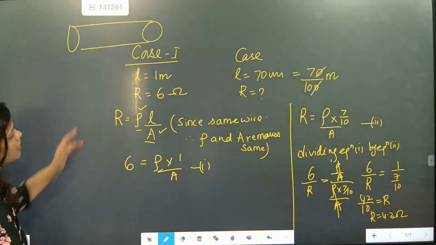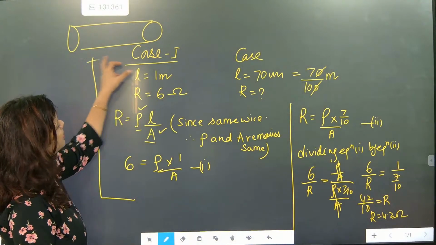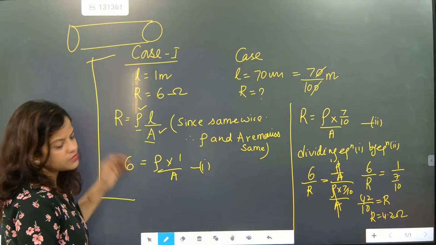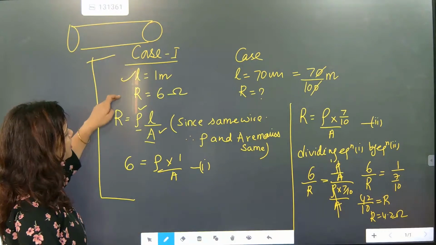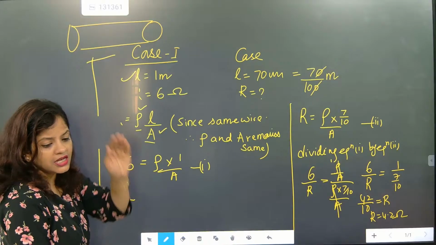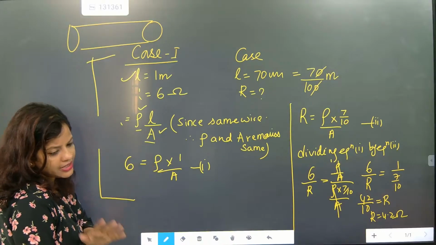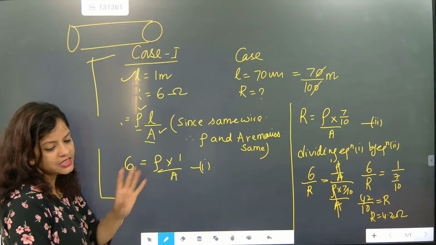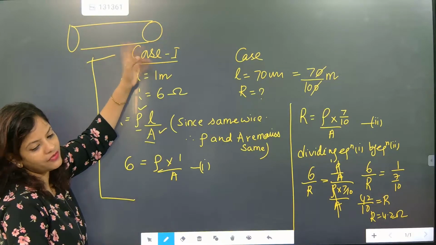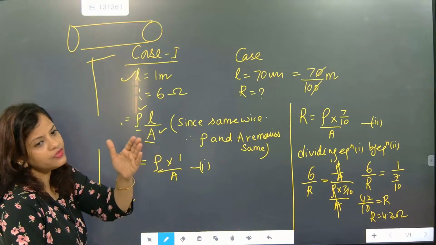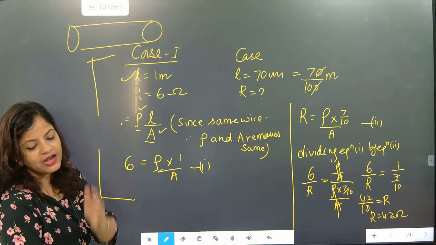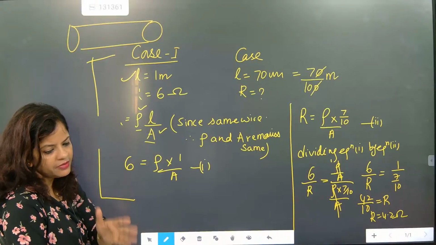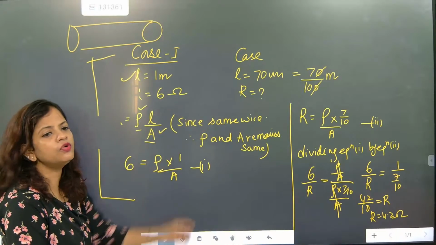Now let's check how I have solved. First I have taken case 1. In this case, we have taken length and resistance, because the length of the wire is changing and the resistance is changing, but the two things which will not change are the area of cross section, because it is the same wire, and rho. One time you have taken the wire length as 1 meter, the same wire you have taken as 70 centimeter, so you have to convert it into meter.